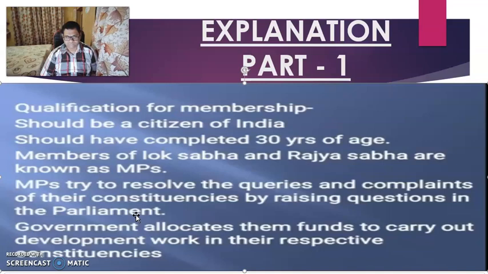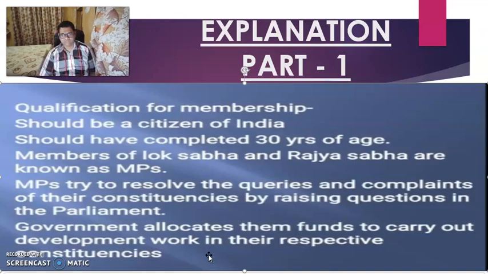The government allocates them funds to carry out development work in their respective constituencies. Funds here means money. This is the work of the members in the Rajya Sabha or the Lok Sabha.